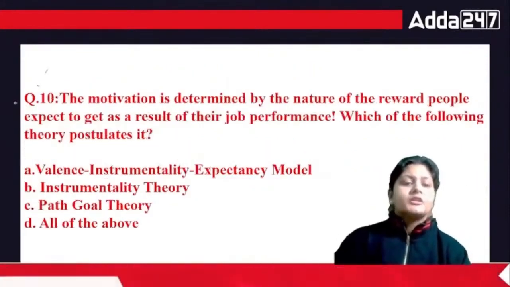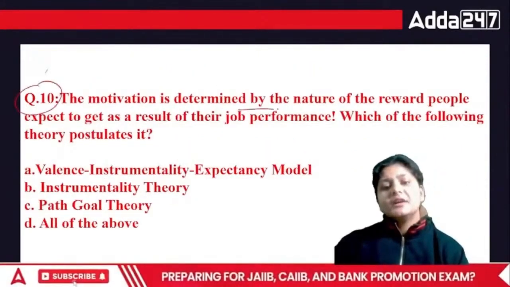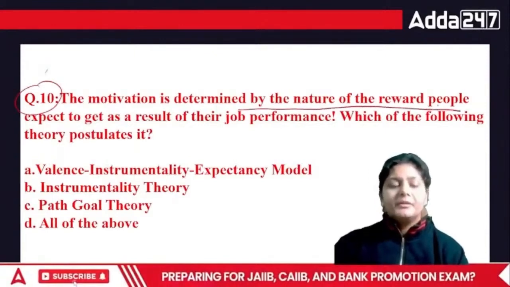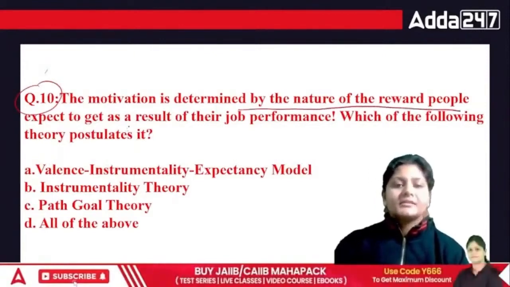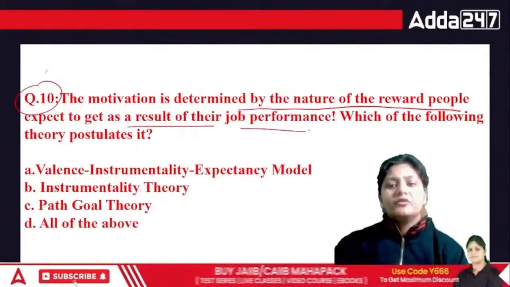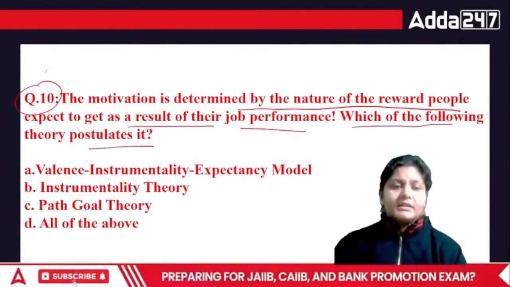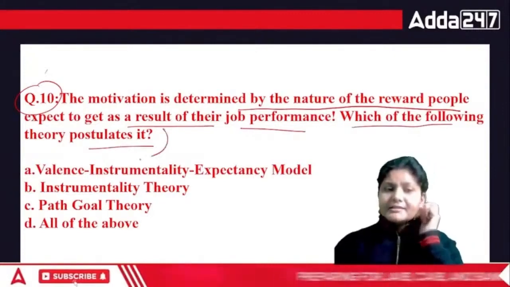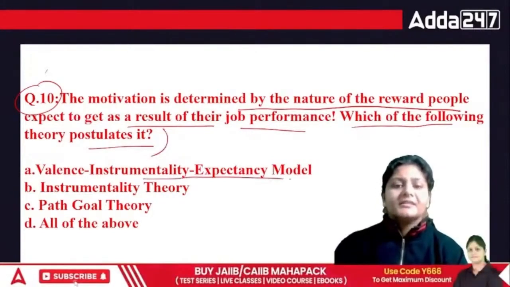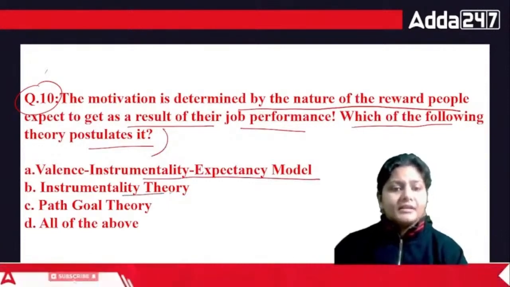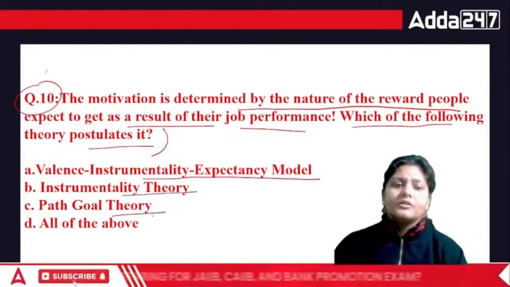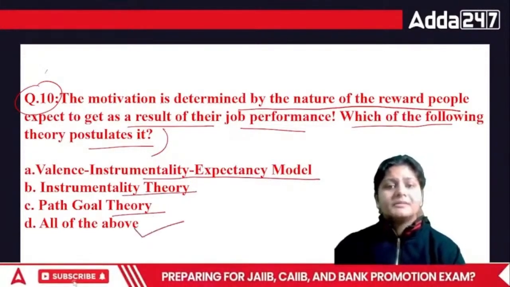Question number 10: motivation is determined by the nature of the reward people expect to get as a result of their job performance. Which of the following theories postulates it? Valence, instrumentality and expectancy model; instrumentality theory; path goal theory; or all of the above. Of course, all of the above is the right answer.